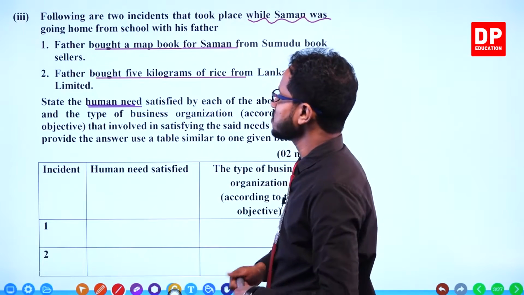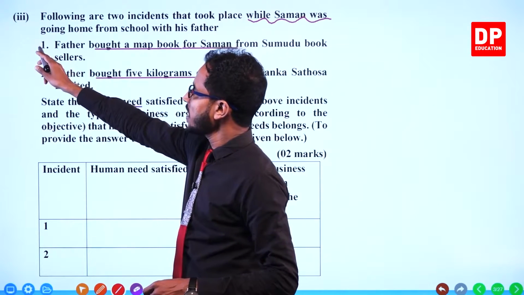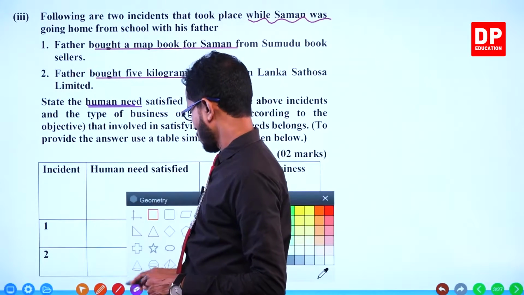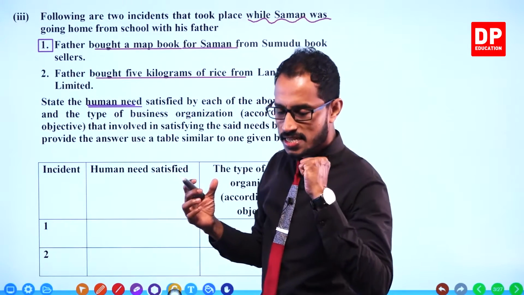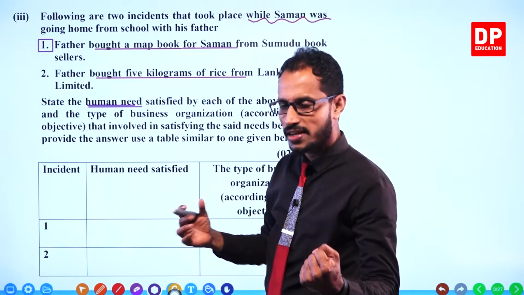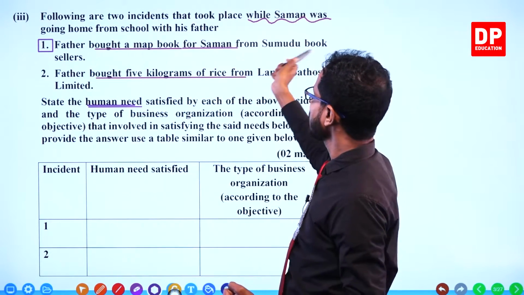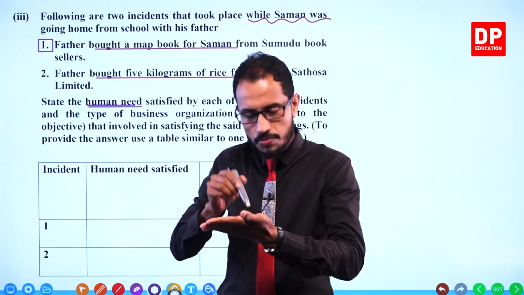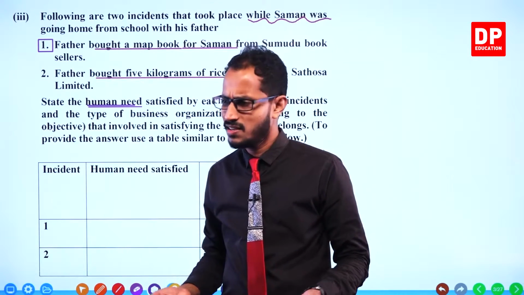Out of incident number 1 and incident number 2, incident number 1, what need is satisfied? Father bought a map book for Saman. Why does he buy a map marking book? Because he needs education.